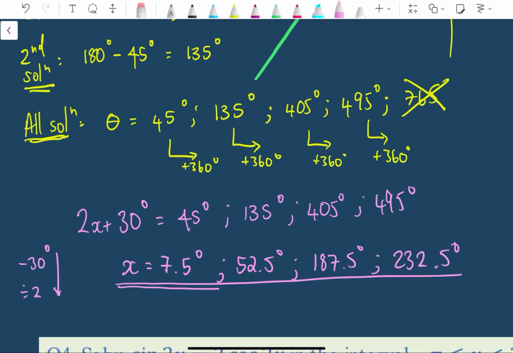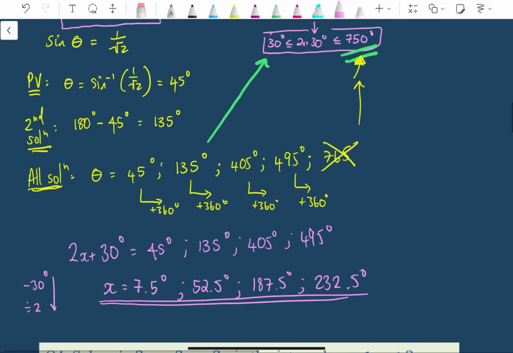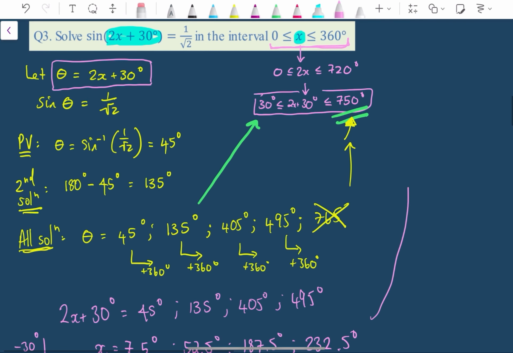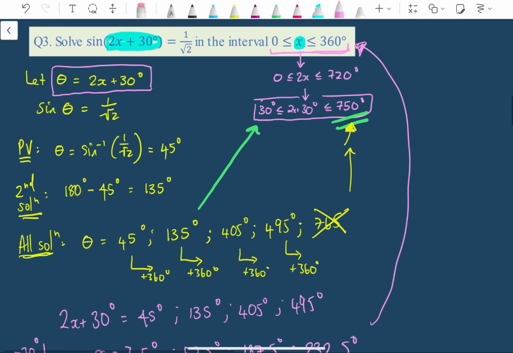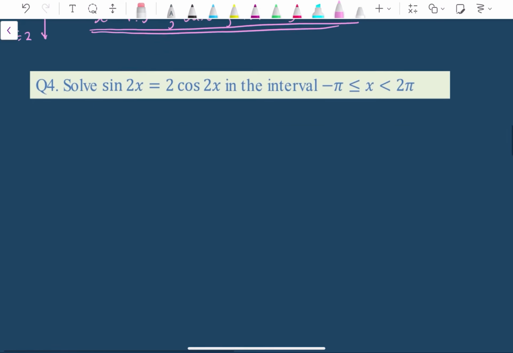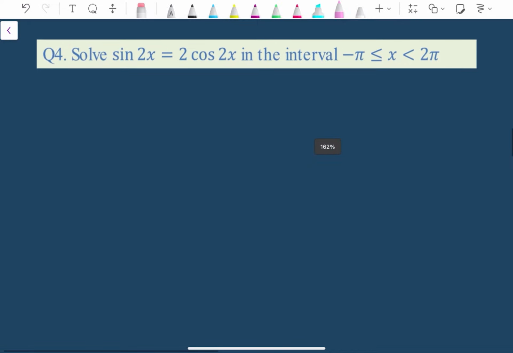And I compare with the original period. Yep, I found everything between 0 and 360. Okay, hope that's useful.